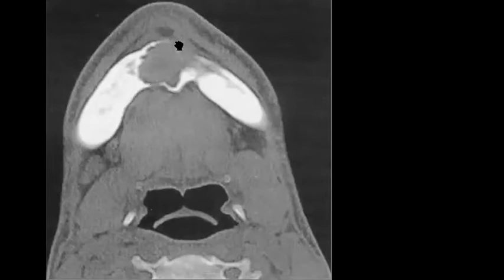And there is cortical thinning, and there is cortical breaching or breakthrough. There is no associated soft tissue. Maybe there is breakthrough, but there is no soft tissue mass component. Okay.